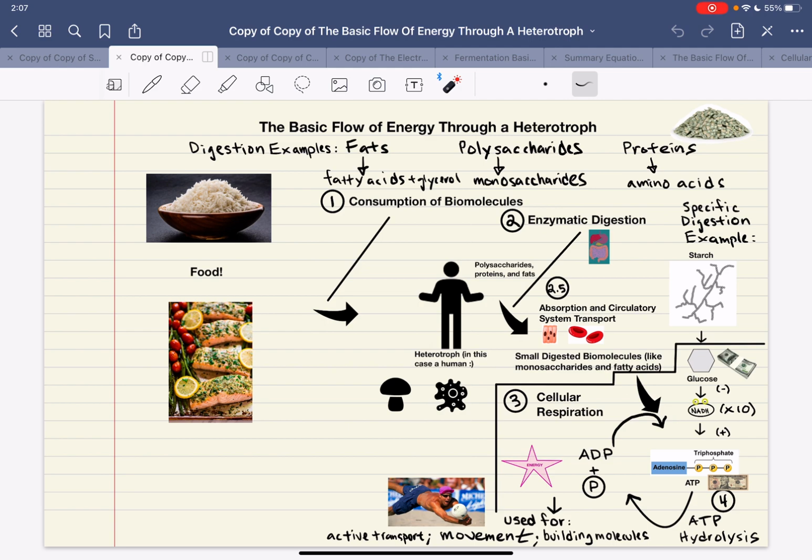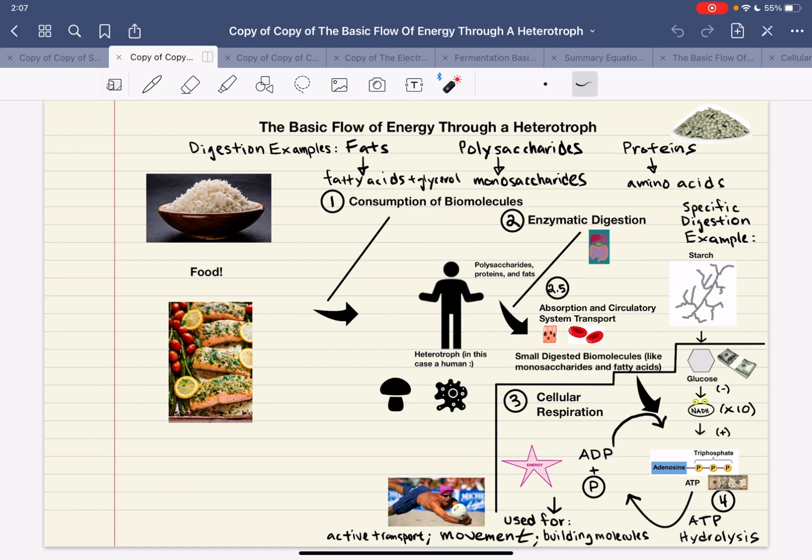Which leaves us, finally, here with, I'm going to say it one more time, a small digested biomolecule, a nutrient, like glucose. And now it is our job to understand how we further break down glucose and release its energy to produce ATP. And it's this process here that is referred to as cellular respiration.